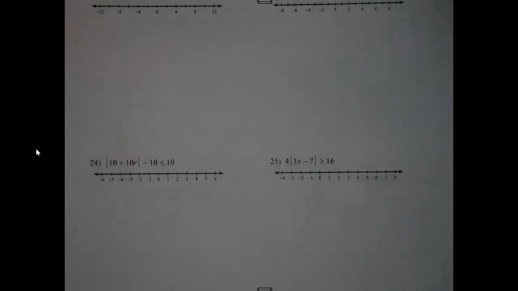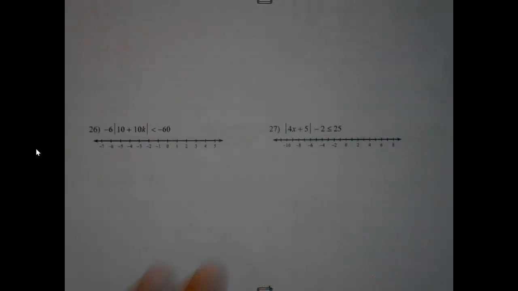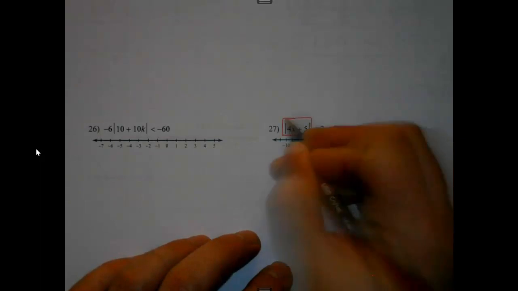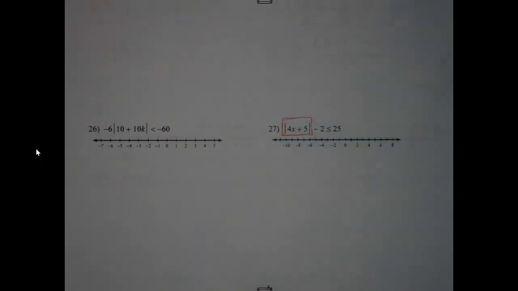So let's say, I'm going to go all the way to the end here, 27. We just got done on the last page saying, make sure your absolute value is alone before you split.